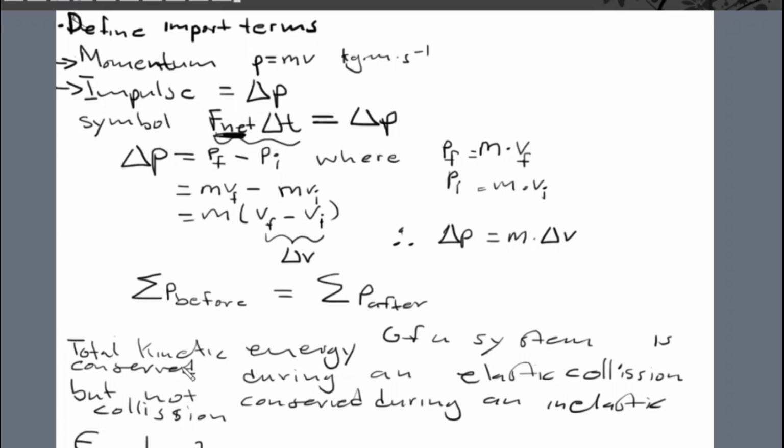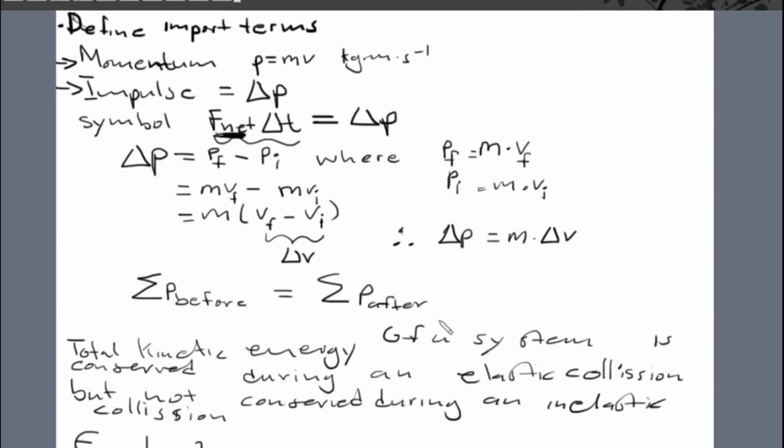Now, in an elastic collision, the total kinetic energy of a system is conserved. Meaning the total kinetic energy before collision is equal to the total kinetic energy after collision, right? This is similar to the principle of conservation of linear momentum.